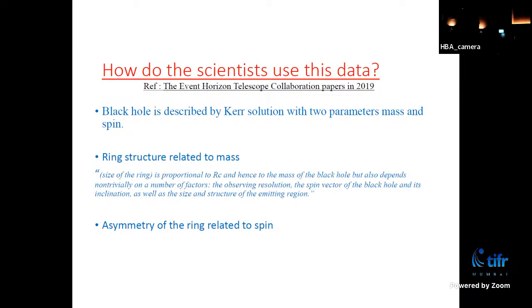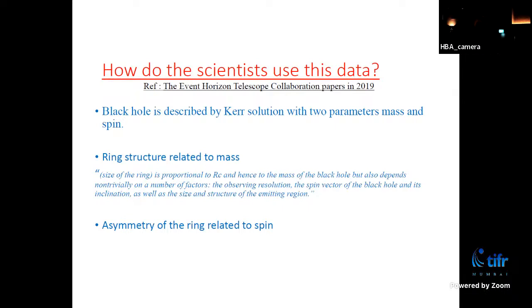One is the mass of the black hole, which we have discussed, and another aspect is that this mass is rotating. So it has another parameter, its angular momentum, and that is described by its spin.